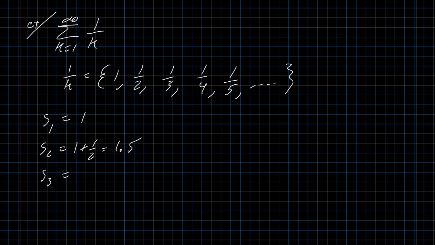S3, 1 plus 1/2 plus 1/3, comes out at something like 1.83. S4 will be 1 plus 1/2 plus 1/3 plus 1/4. That's going to come out at something like 2.08. S5 is going to come out at 2.28, and so on.